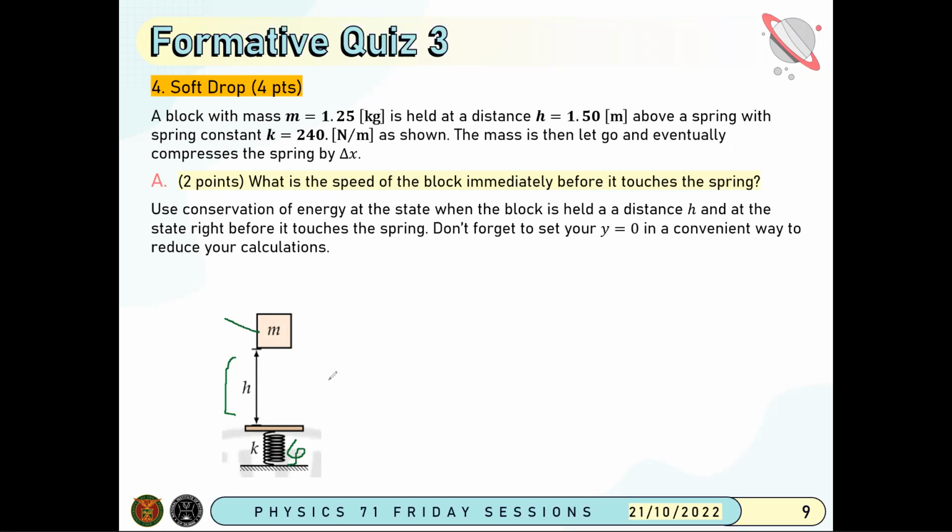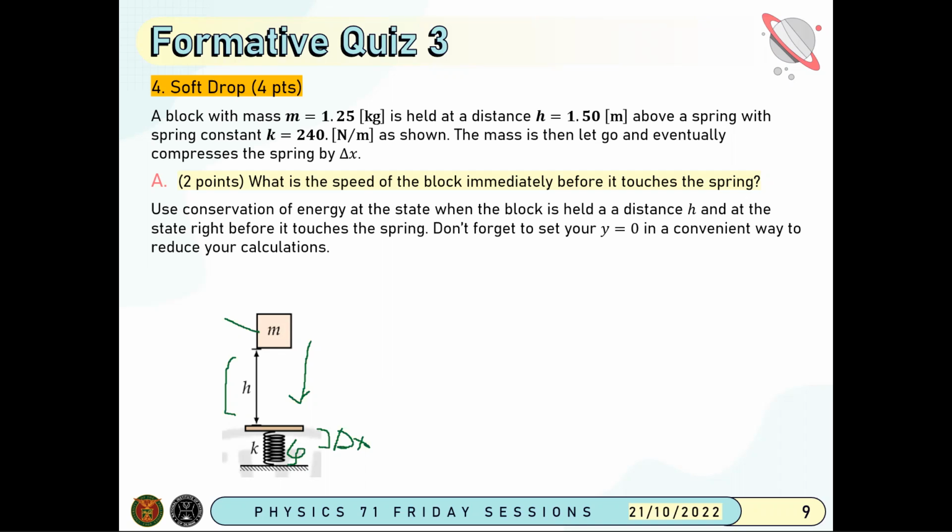The mass is then let go, so bumaba yung mass, and eventually compresses the spring by an amount of delta X. First question, what is the speed of the block immediately before it touches the spring?